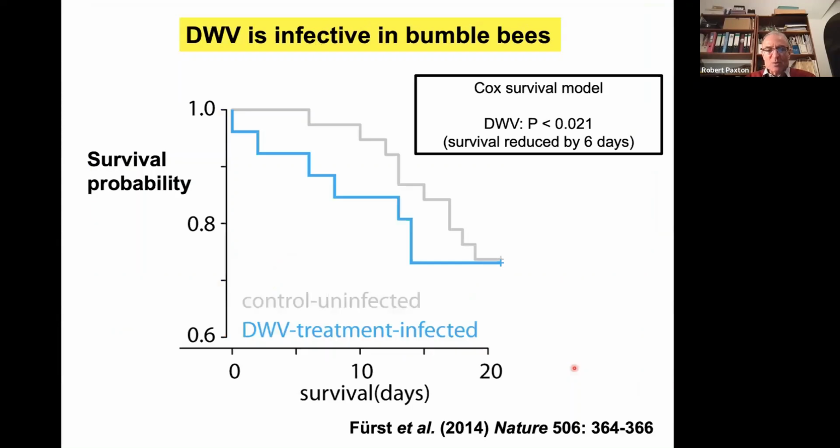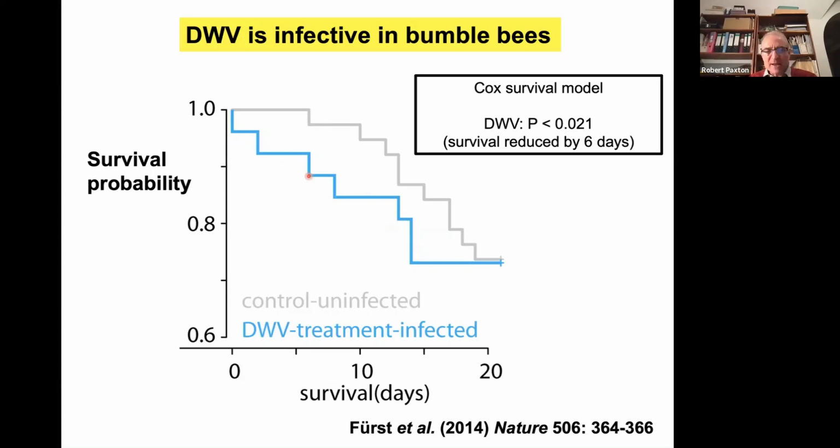And what was found is that those that were fed with a control solution lived 20 days. This is survival on the y-axis, so this is length of time after treatment. Control bees, just fed sugar syrup, have a higher survival than bumblebees that are fed with virus.